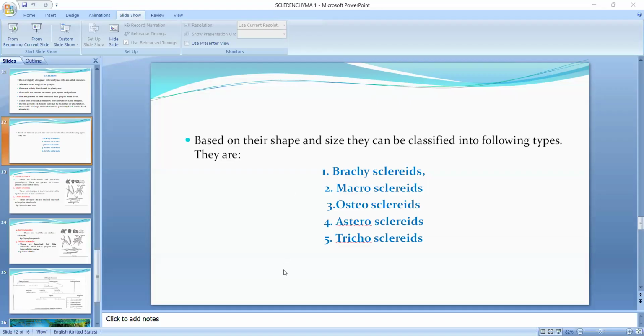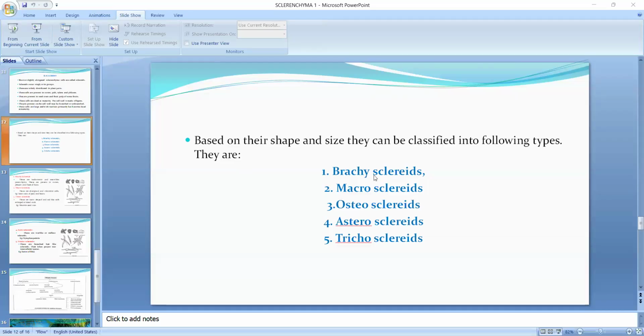See here, these are simple tissues. Today we observed the total simple tissues. In parenchyma we observed chlorenchyma, aerenchyma, and storage parenchyma. In collenchyma, 4 types: angular, lacunar, lamellar, and annular.